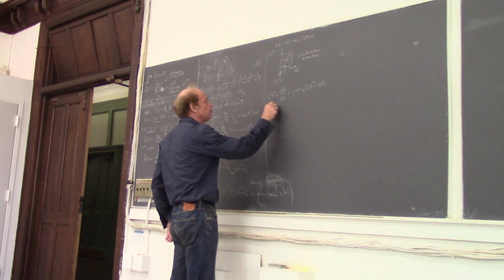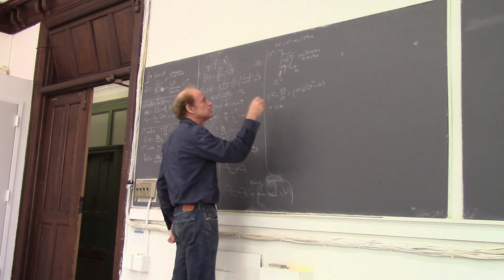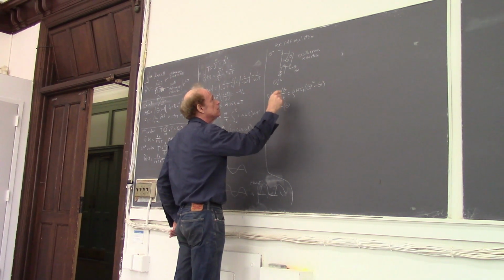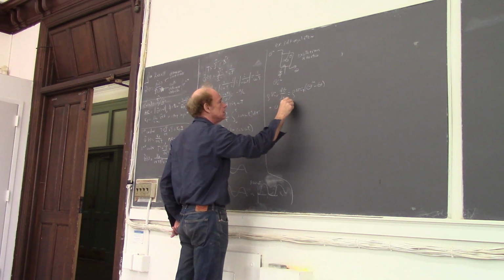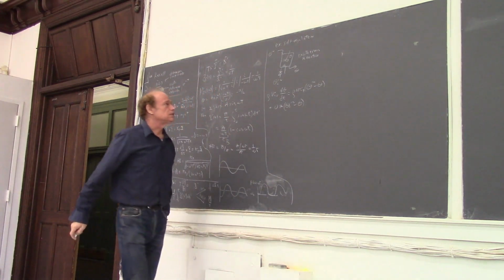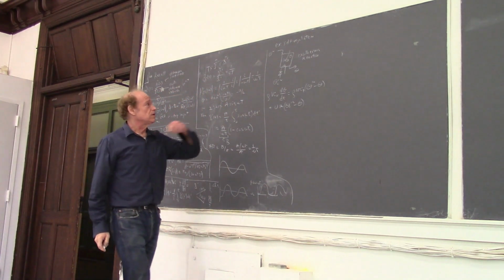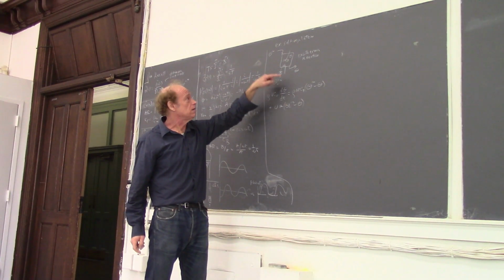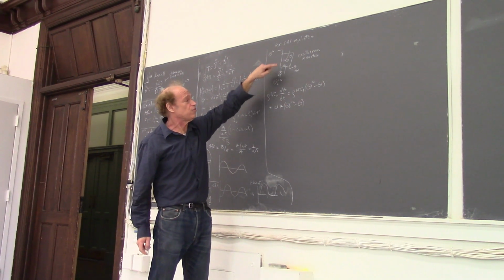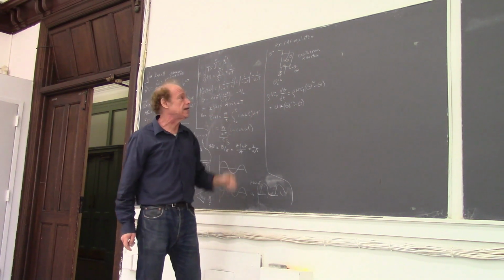And then I also have UA times theta C in minus theta. So here, if theta C in is hotter than theta, then I'm putting heat in. If theta C in is lower than theta, then this becomes negative, I'm taking heat out.